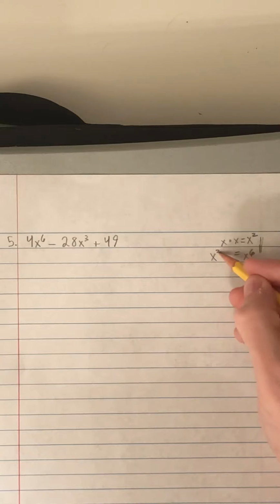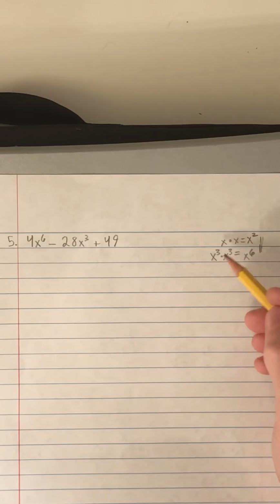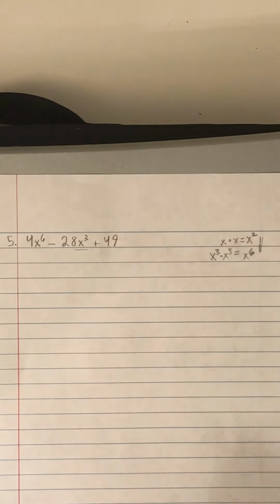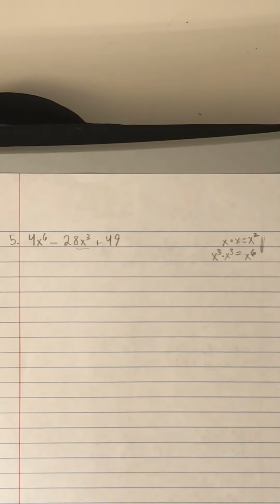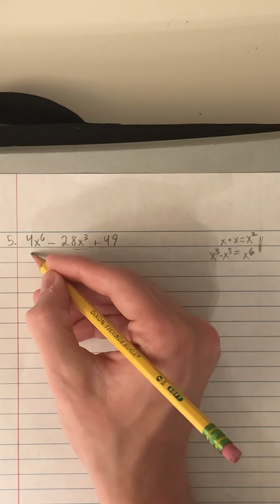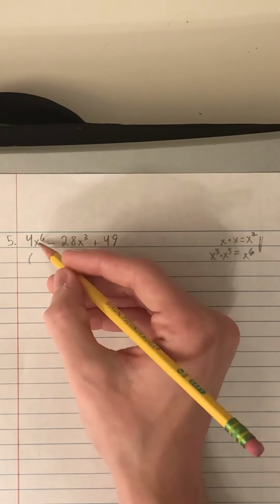I've got x cubed times x cubed. With our exponent rules, if I have two things being multiplied, I would add their exponents. So that's how I would have gotten x to the 6th. And again, we can look at that trick I talked about earlier, that x cubed is sitting right there. And that's another little trick you can start to notice.